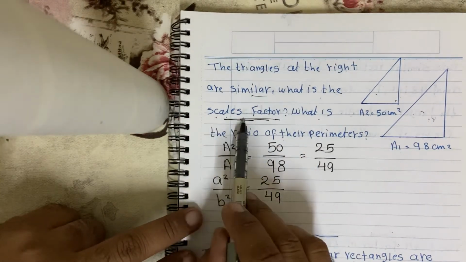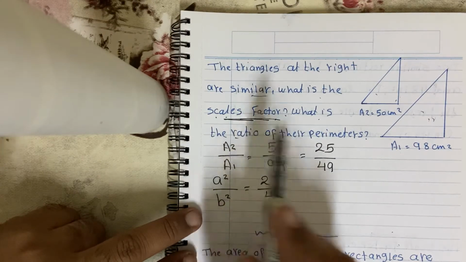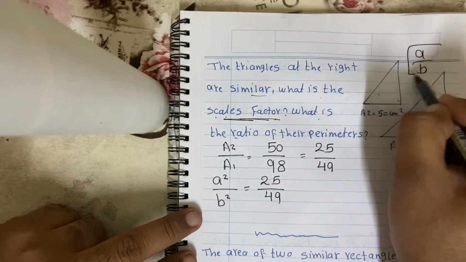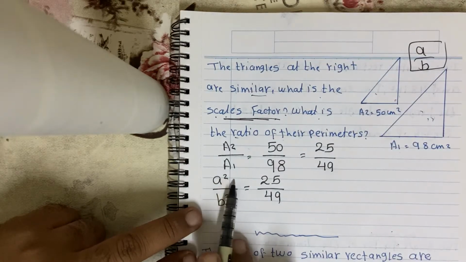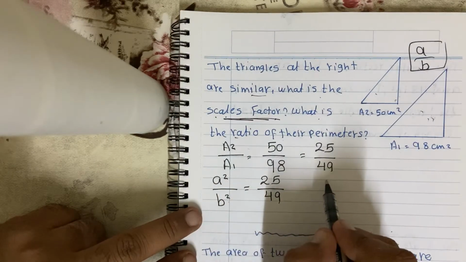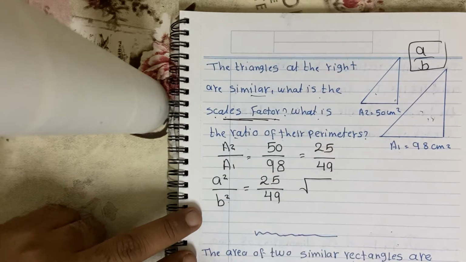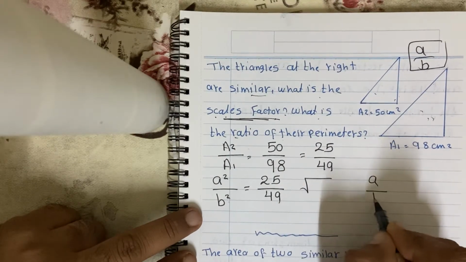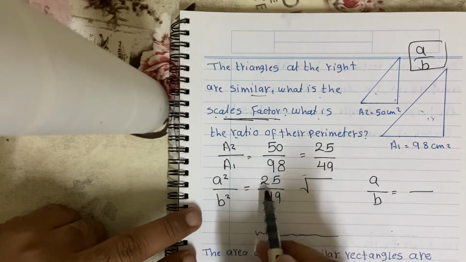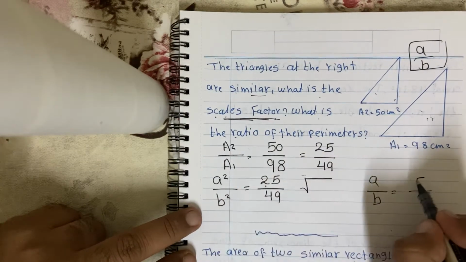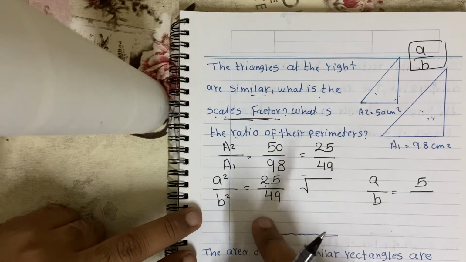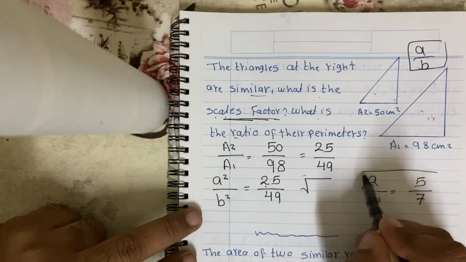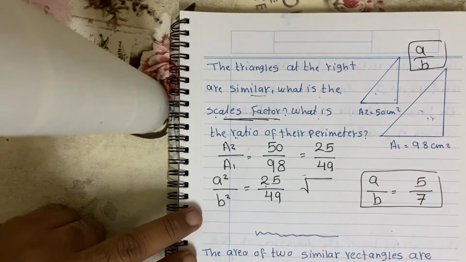Scale factor means we need to find A over B, so just take the square root of both sides. A over B equals the square root of 25, which is 5, over the square root of 49, which is 7. So the scale factor is 5 over 7.